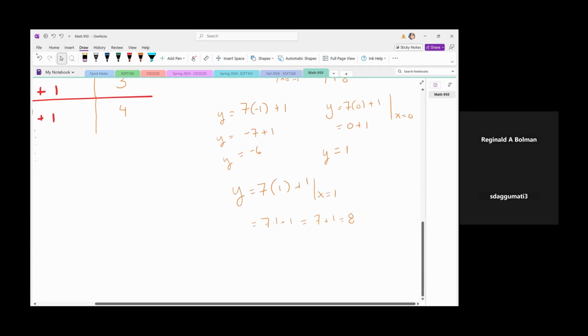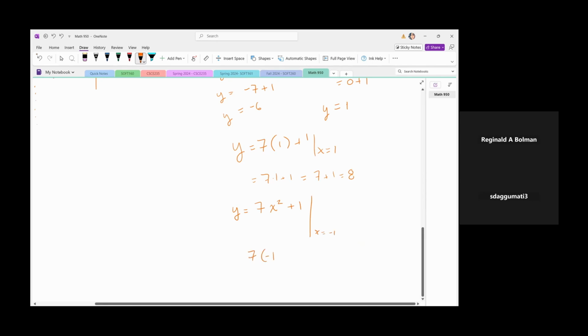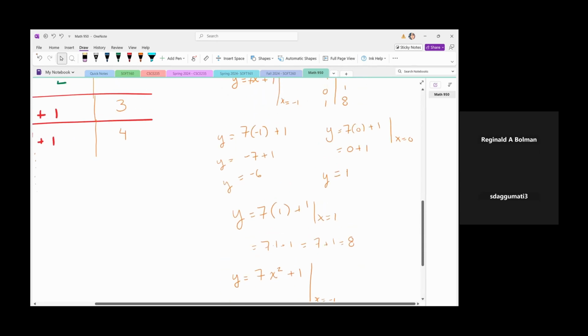Now, looking at 7x squared plus 1. When you evaluate this at -1, you're going to get some really different behaviors going on because once you raise the -1 to the second power, -1 times -1 is +1, and 1 times 7 gives you 7. So now we've got 7 plus 1, which gives us 8.